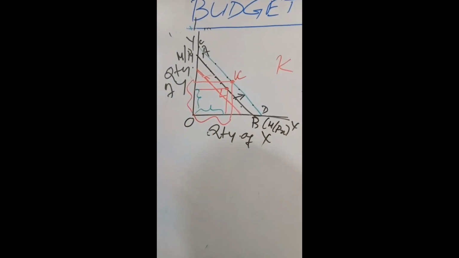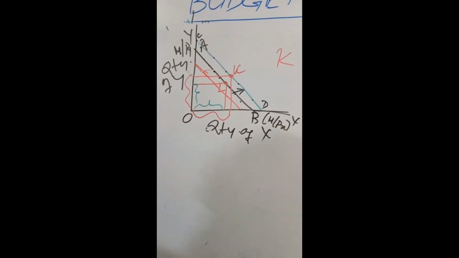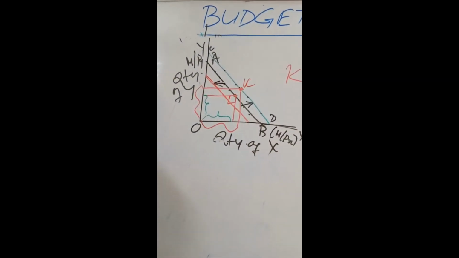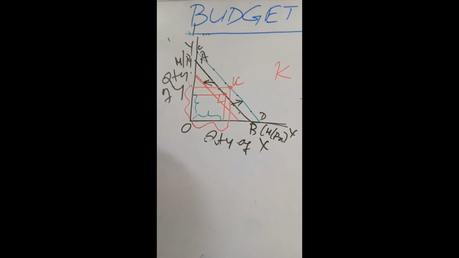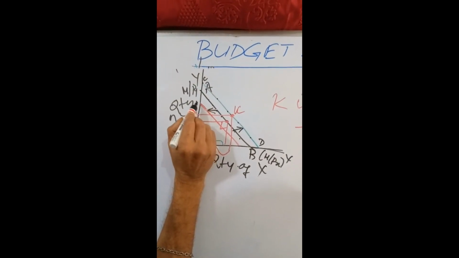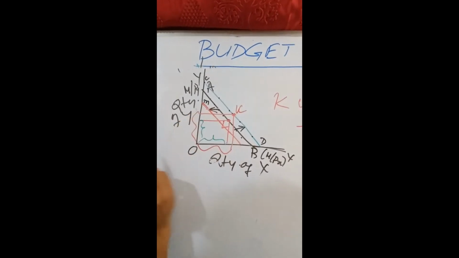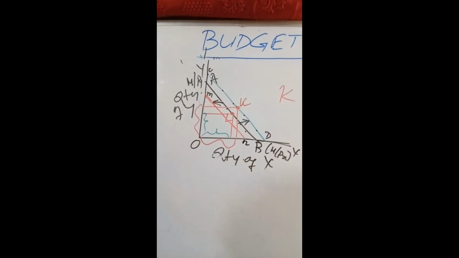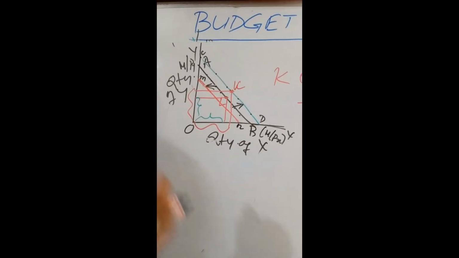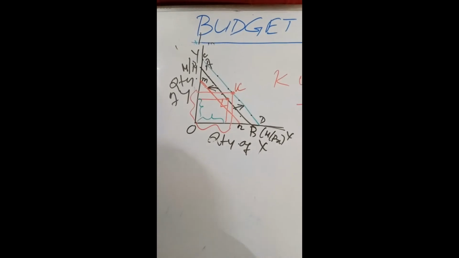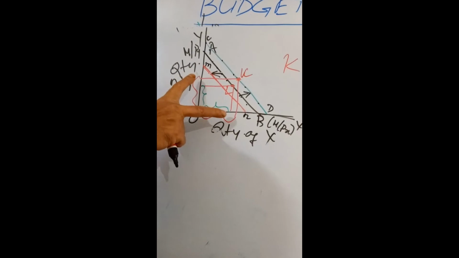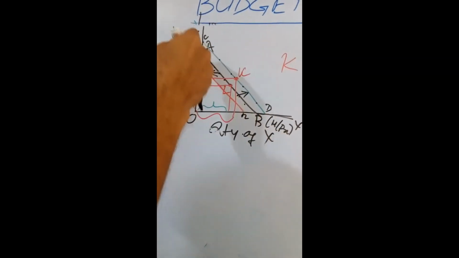It will shift parallelly leftward. Now suppose this is M and this is N. So the new budget line of the consumer, if income of the consumer falls, prices of X and Y remaining constant, the new budget line will be MN, and MN lies at left of original price line AB.